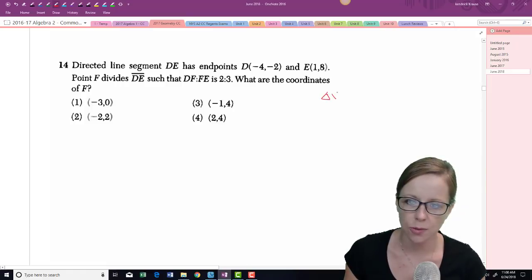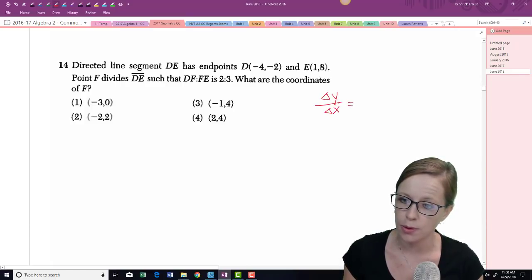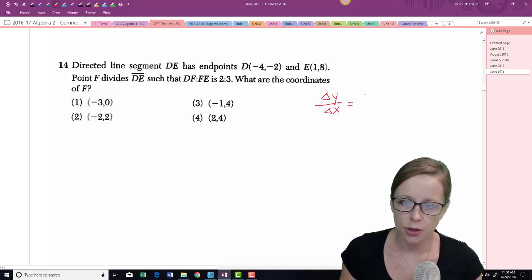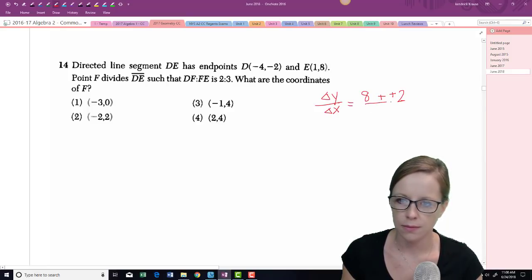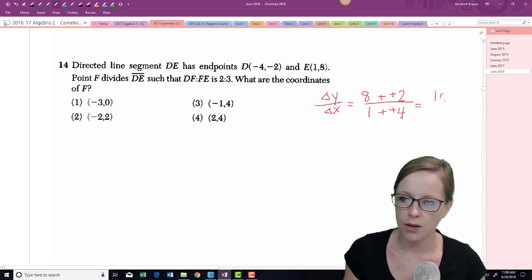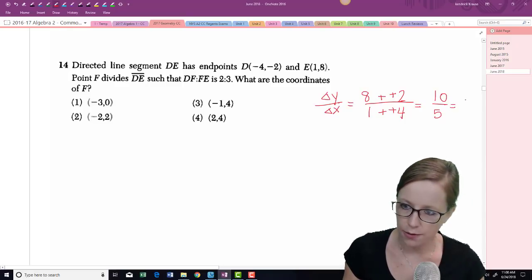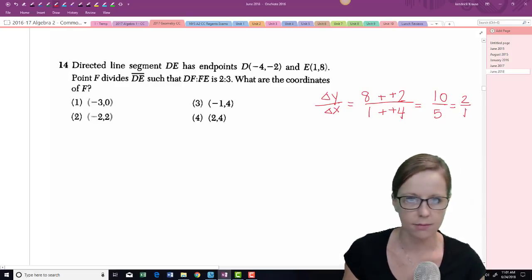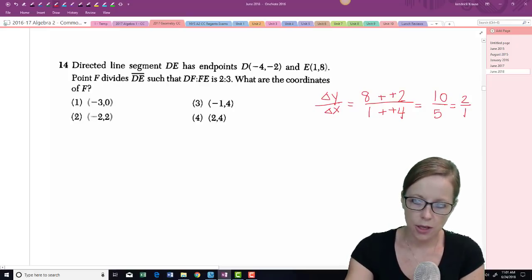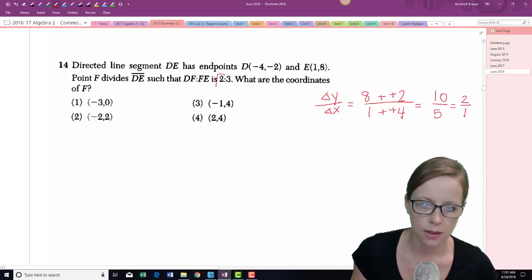I did the change in y over the change in x, also known as the slope. The y values are 8 minus -2, and then 8 matches with 1 minus -4. So that's 10 over 5, which is a slope of 2 over 1, right? So we have to go up 2 over 1 twice for 2 segments.